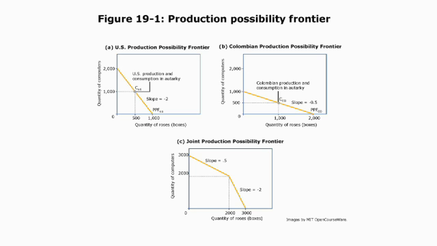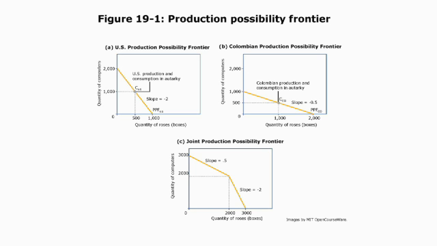Now, remember what the slope of the production possibility frontier is. It's the marginal rate of technical substitution. It's the marginal rate at which the producer can substitute one good for another. So basically, for the US, the marginal rate of substitution of roses for computers is -2.